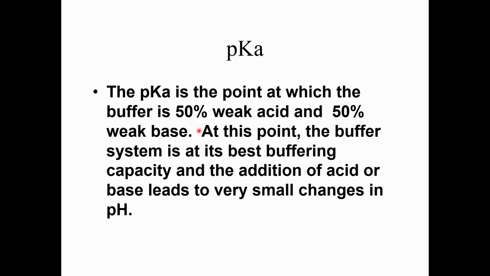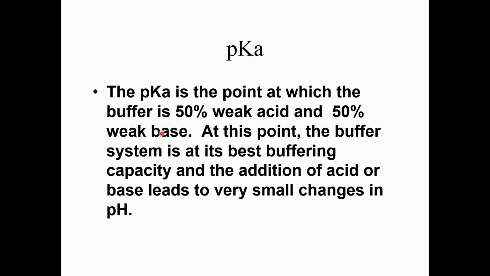So here we are in words. The pKa is the point at which the buffer is 50% weak acid and 50% weak base. So in the case of acetic acid, we had 50% acetic acid, 50% acetate, and that pKa was 4.75.